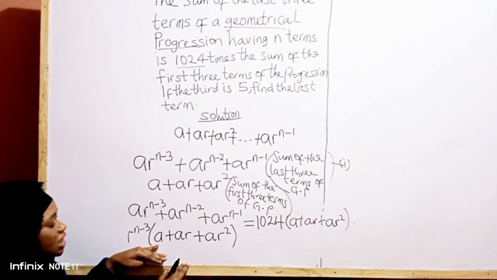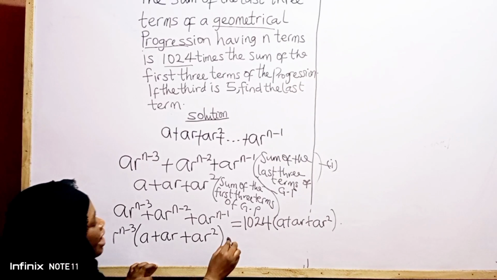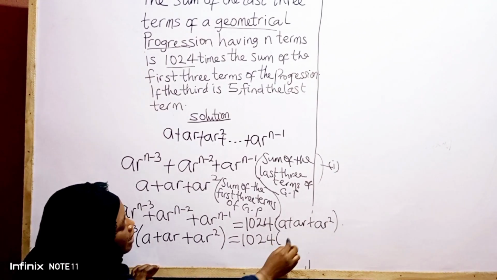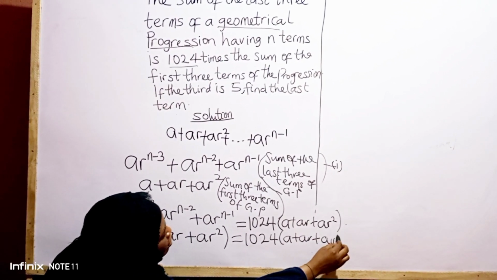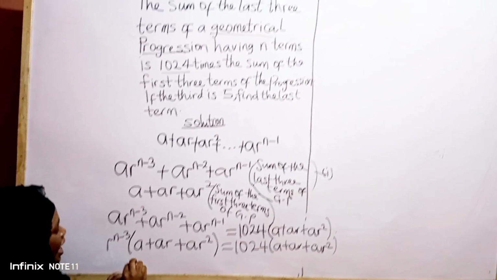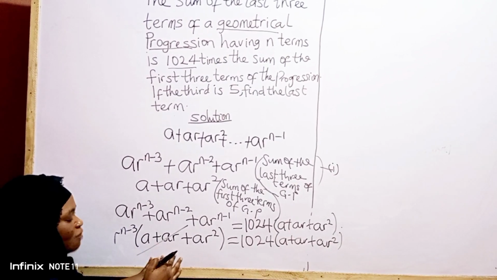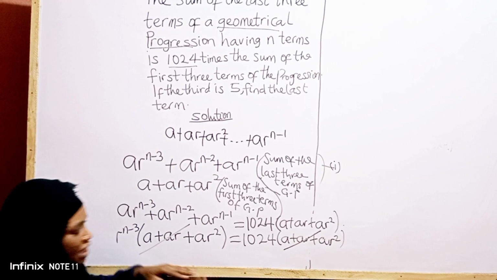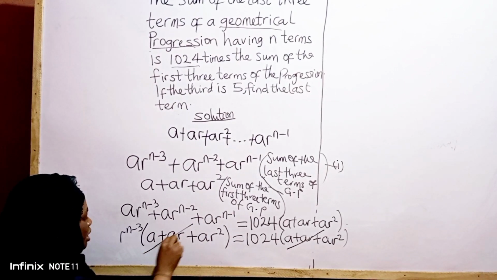I do not want to waste your time, that's why I want to do it quickly like this. So from here I have 1024 multiplied by a plus ar plus ar squared. I can cancel the sum of the first three terms on the left hand side against the sum of the first three terms on the right hand side. So I have cancelled them now.